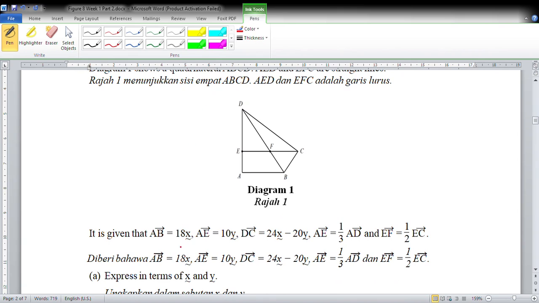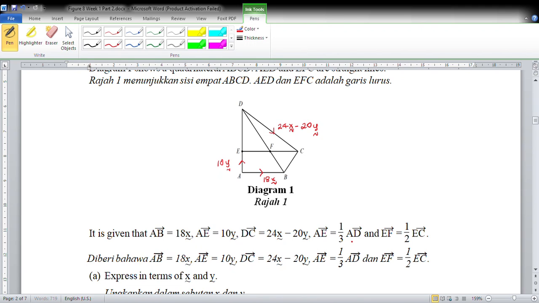AB is 18x, so AB meaning A to B, so it's 18x. AE is 10y, so A to E, we put the arrow so it's easy for us to see, 10y. DC, so D to C is this direction, right? 24x minus 20y.